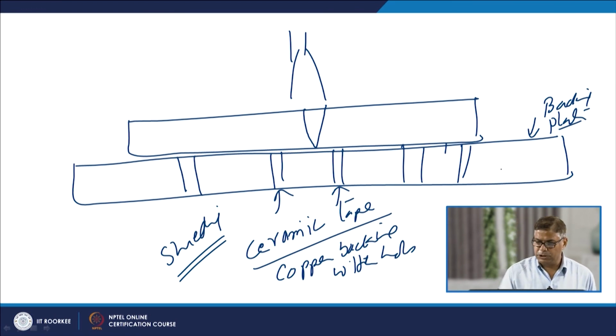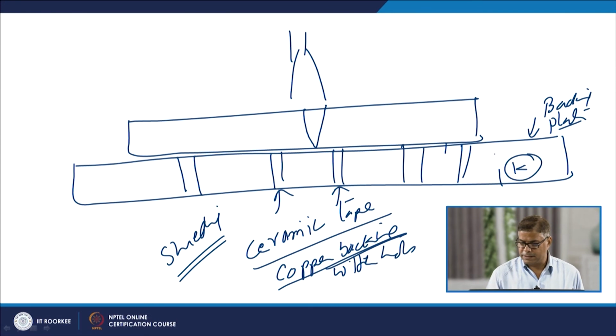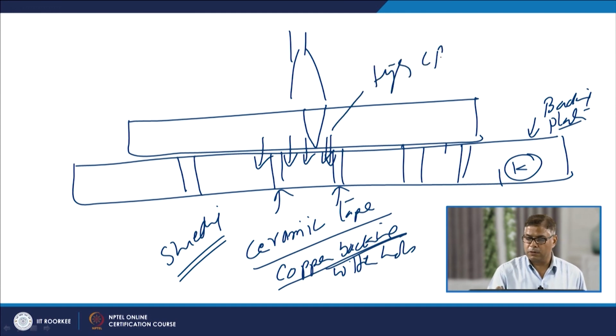But there are some issues with the use of the copper backing plate, since copper has a higher thermal conductivity. When a copper backing plate is used, it extracts the heat rapidly from the weld as well as the heat affected zone and imposes a higher cooling rate.